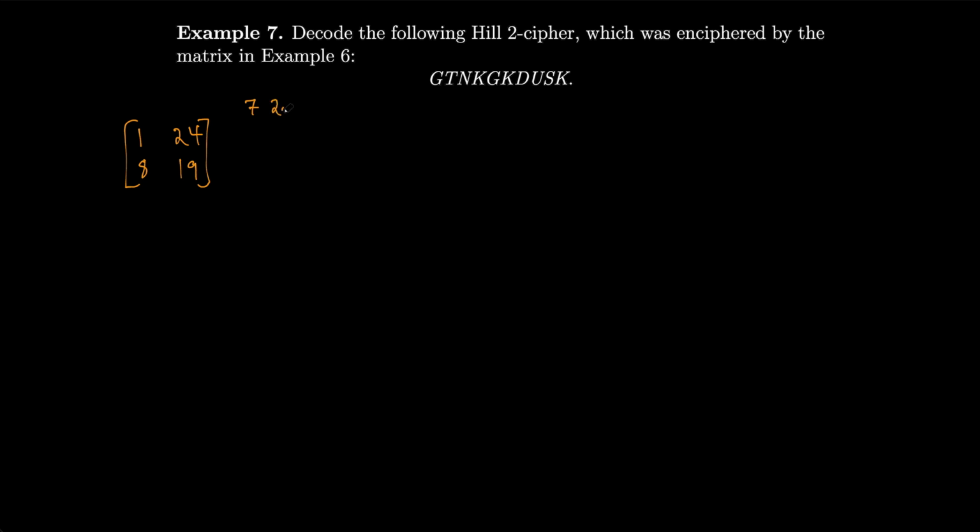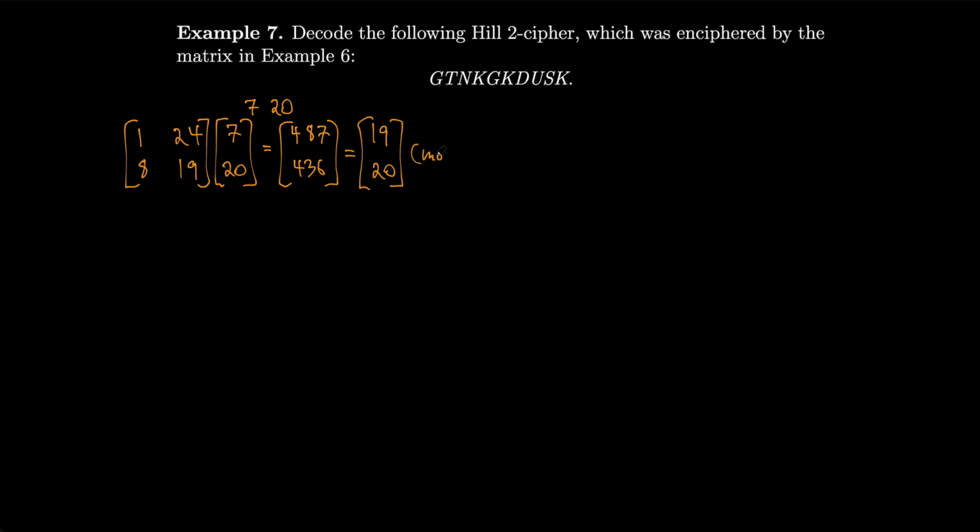So we would multiply this by 7, 20, and we would get 487, 436, which modulo 26 is 19, 20.